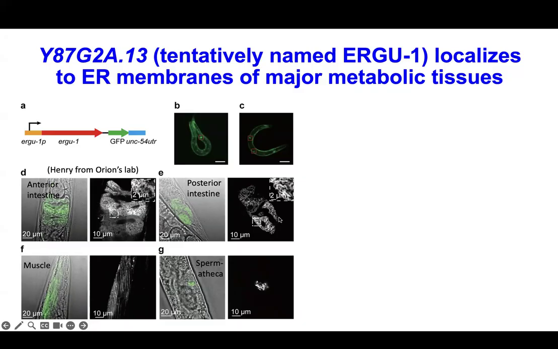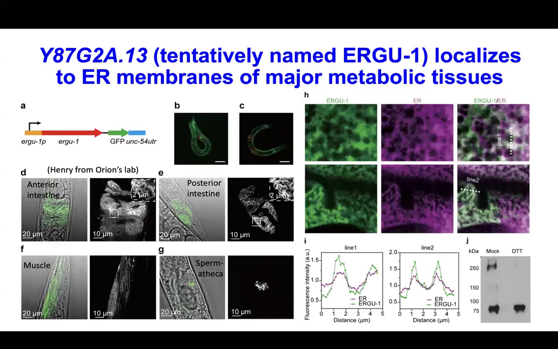And this protein is also enriched in body wall muscle as well as sperm theca. And so this may be important for reproductive function. We'll have a piece of evidence for that a bit later.